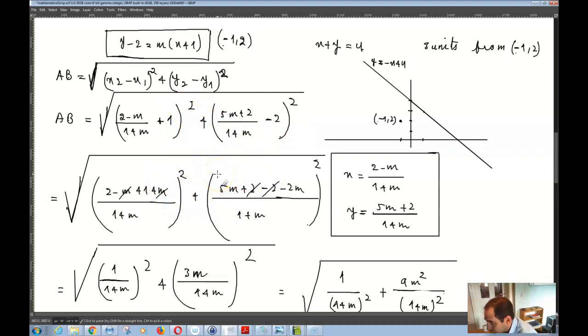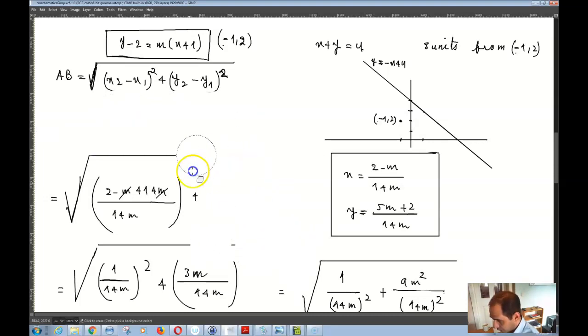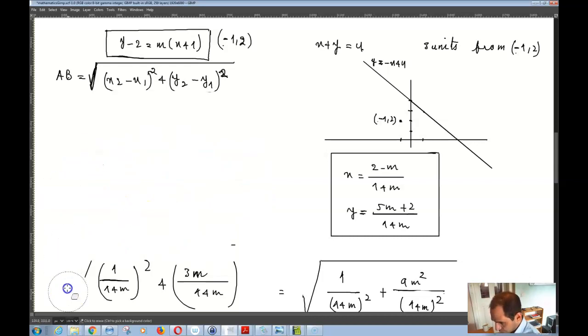And there were some good things in there, so I did not erase those things, because they come in handy for many different kinds of situations. So I'm going to erase this part and calculate this part again.